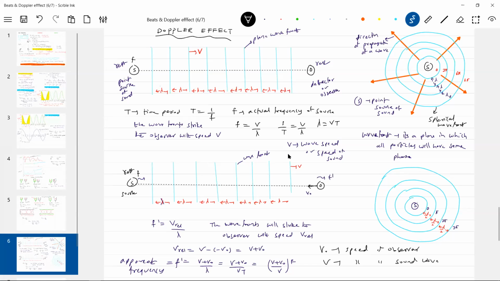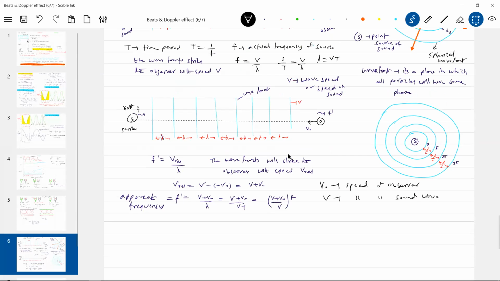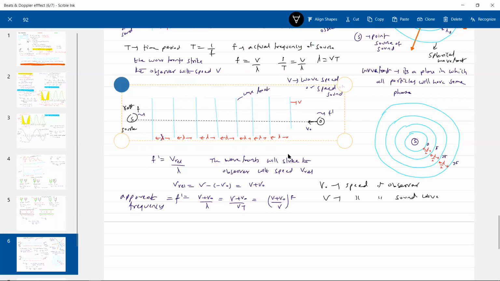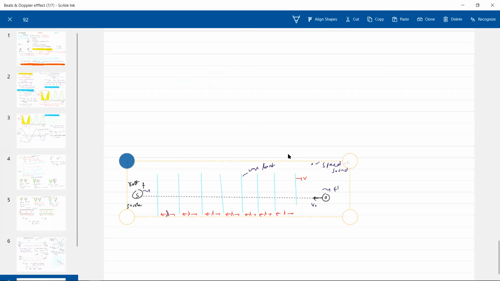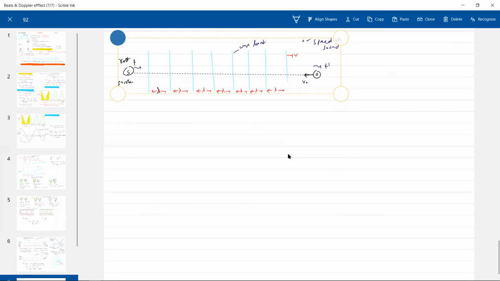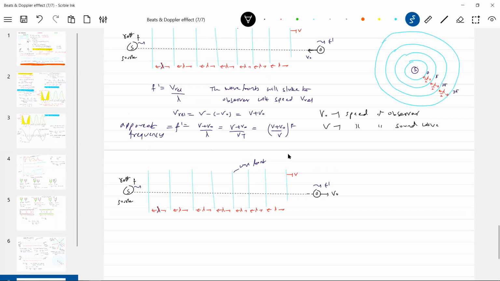sound wave or signal. And now if the observer moves away, any changes, will you make it here? If the observer moves away, here I'll make changes. The observer, in fact, will move away now. You have the discussion here.